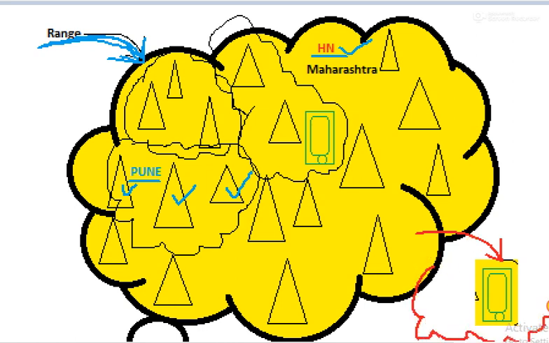Okay, now suppose right now the user has entered into another network. In short, you can call this network the foreign network.